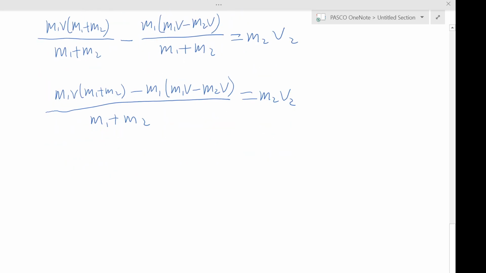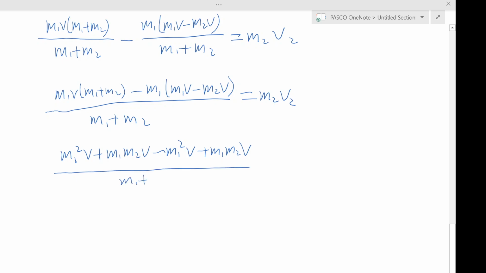Alright, multiply out the bracket: m1 squared v plus m1 m2v minus m1 squared v plus m1 m2v, over m1 plus m2, equals m2v2.